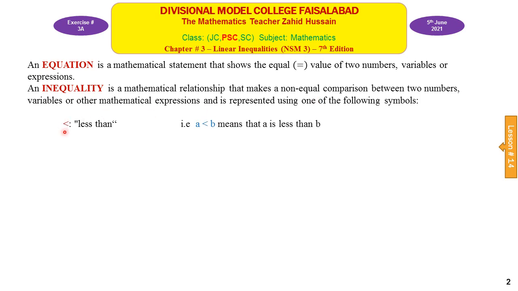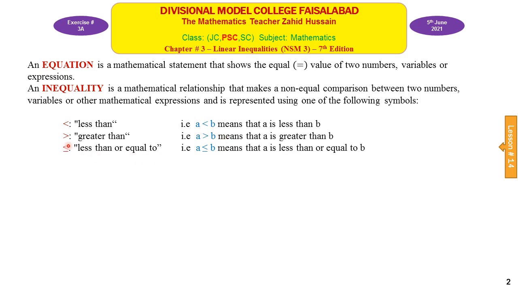Equation has particular solutions, inequalities have infinitely many solutions. This symbol is less than, that is A is less than B. The number on the left hand side is less than B. This sign is greater than, so it means that the number on the open side of this sign is greater than the number or expression on the right hand side.